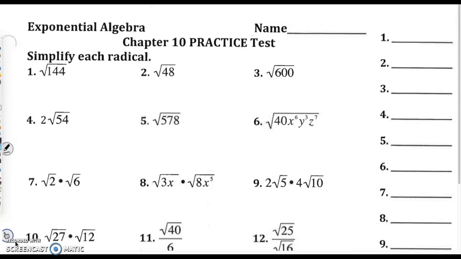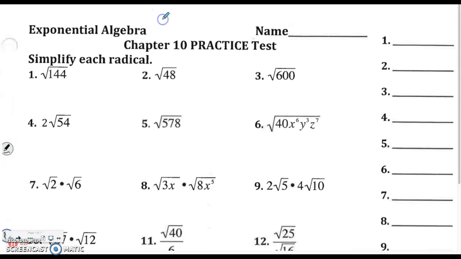So first of all, we're going to write what I would call your best friends in this chapter up at the top, the perfect squares. One is a perfect square, but it's not helpful, so we're going to write 2 times 2, 3 times 3, 4 times 4. You can use your calculator to create these. When you take your little mini test next week, I would suggest writing these on the top of your paper before you start.